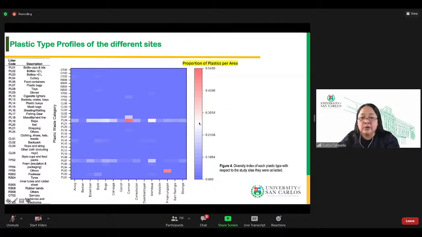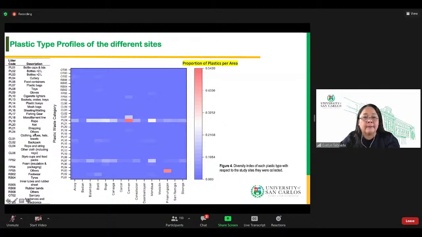Now let's look at the white one, because this means that they are in the middle part of this range, around 0.25 or so. Here in Mandaue City area, we have a very white one, which corresponds to somewhere like 0.25 to 0.28 or so. Then PL24 is dominant in this area. What is PL24?